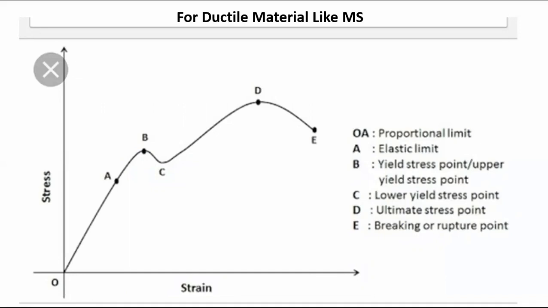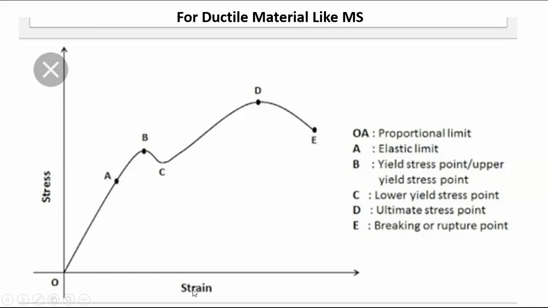Now, this is the most important slide, because many times an interview question is asked on the stress strain diagram. The very first point, they can ask you on which axis stress is given, whether we take stress on the y axis or x axis.